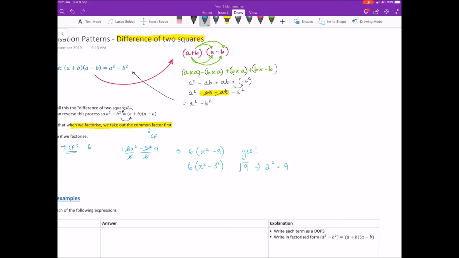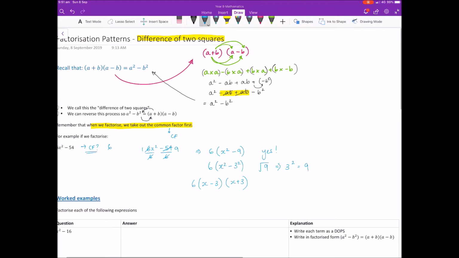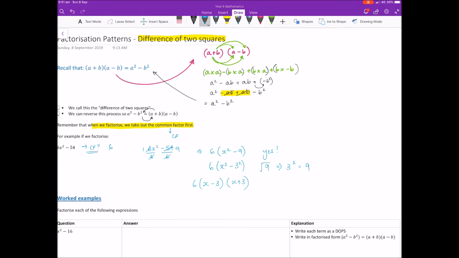And what that means is that we're going to have 6 times x minus 3 and then x plus 3, because remember, a plus b times a minus b equals a squared minus b squared. So that's our final answer if we were to factorize this expression.